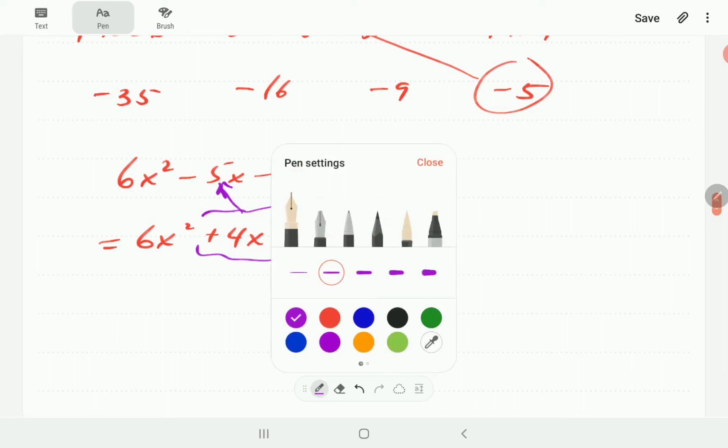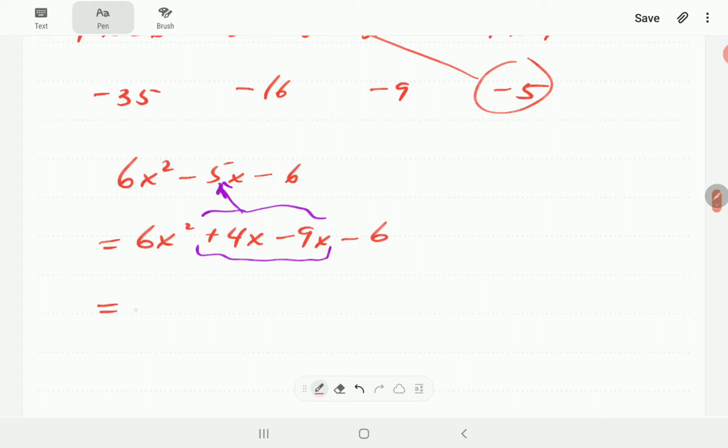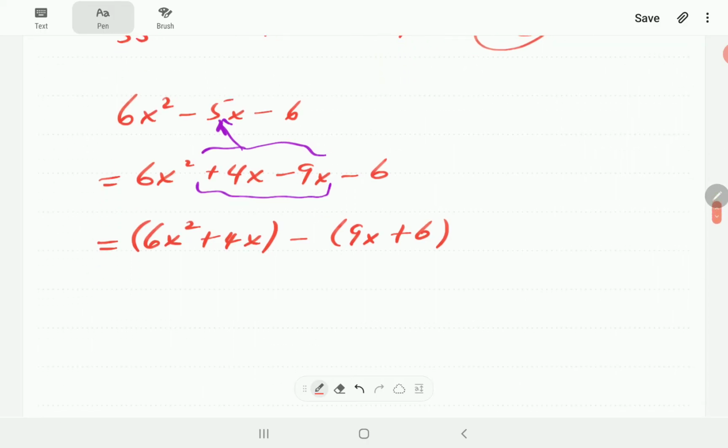Then after that, we need to group these terms. So the first two terms we group together, and then the last two terms we group together. Now this is now going to be plus 6, and then after that we factorize.